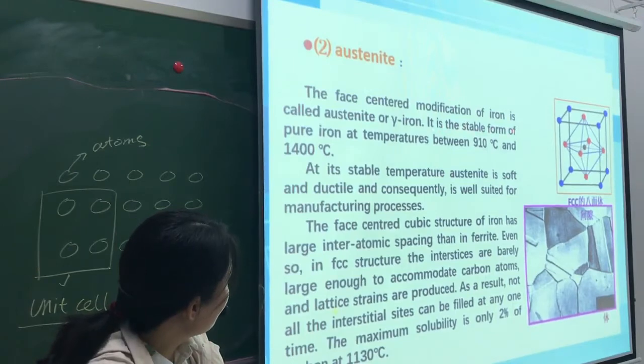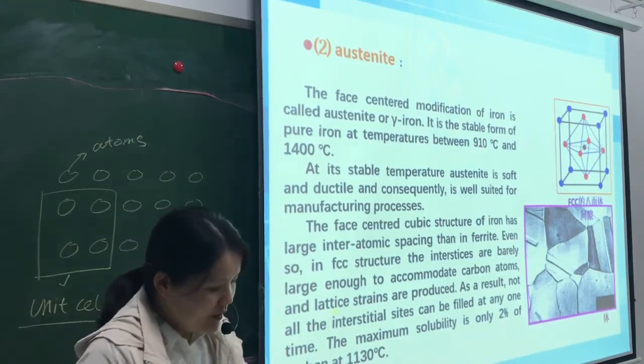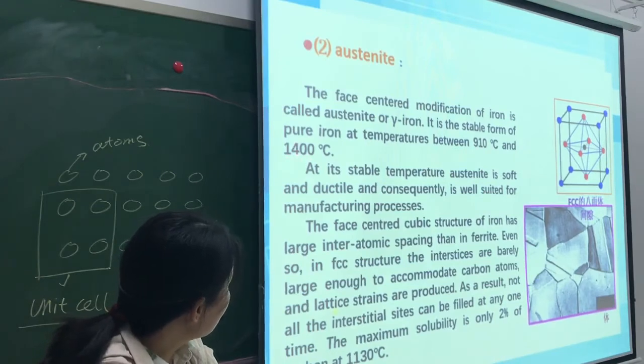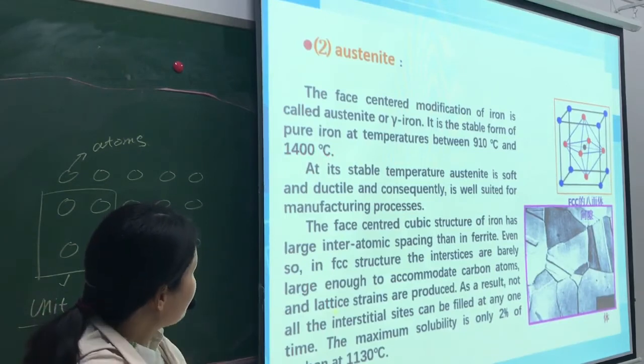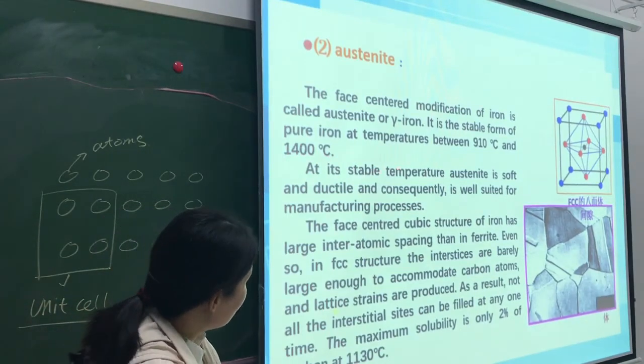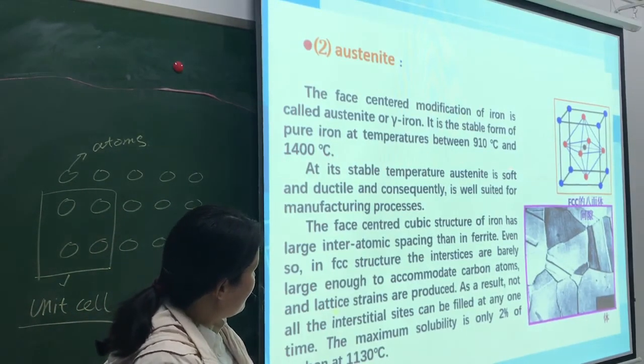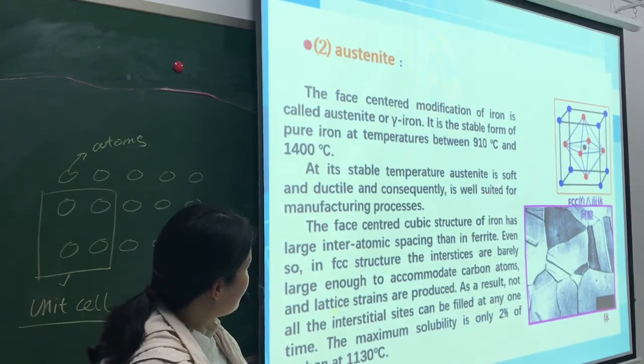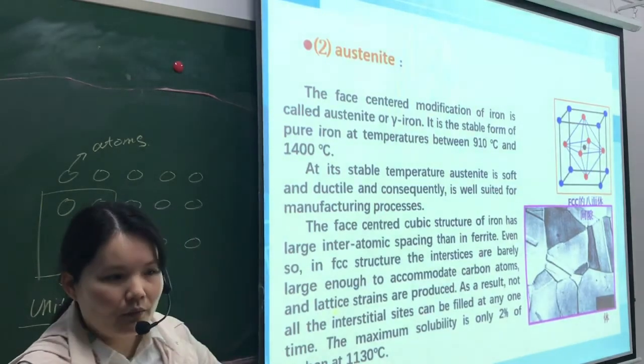It is the stable form of pure iron at temperatures between 910 degrees Celsius and 1400 degrees Celsius. Austenite is soft and ductile, and so is well suited for manufacturing processes such as forging.